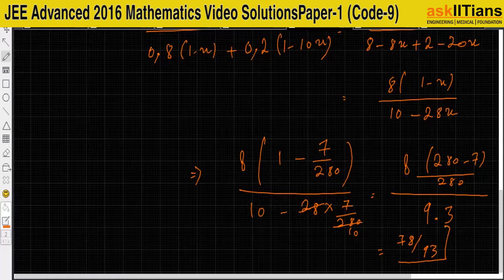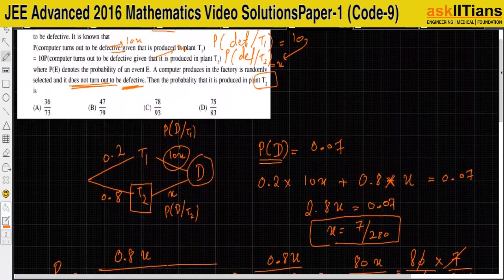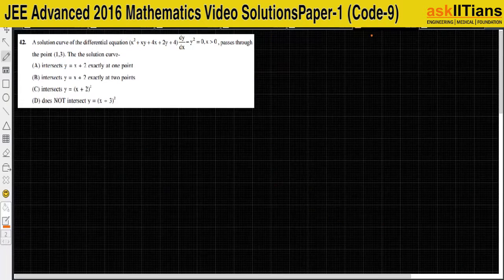You need to just do the simplification part. That will be 78 by 93, that's option C. So this question was a bit calculative, but overall the concept was simple. You just need to apply Bayes theorem. Let's move on to the next question, question number 6.